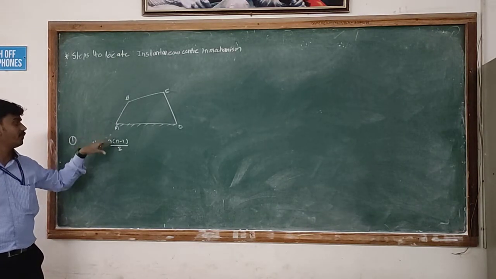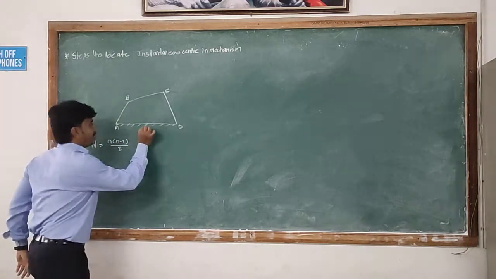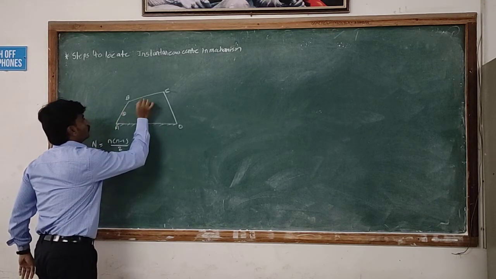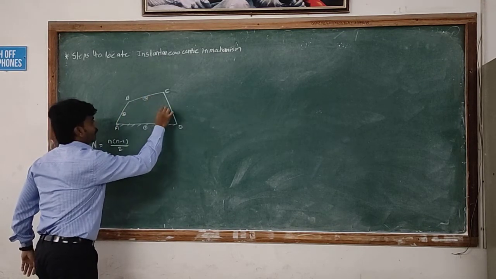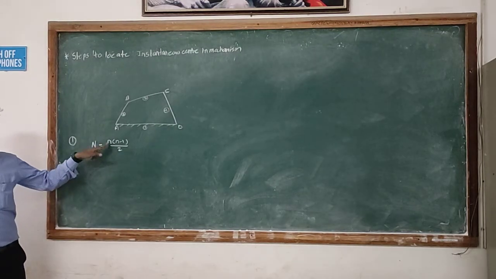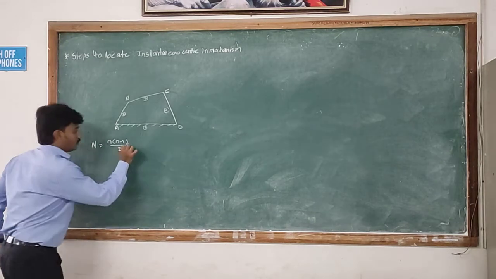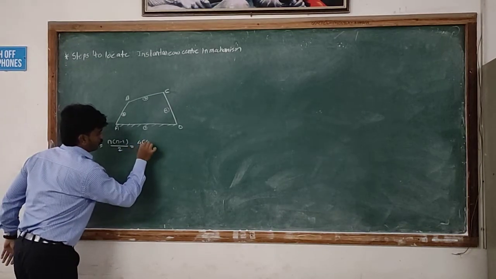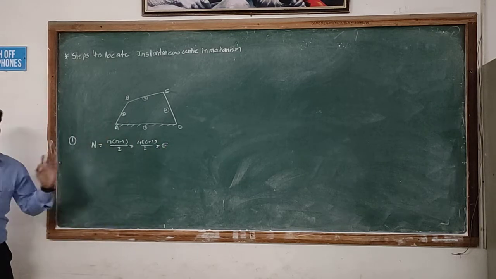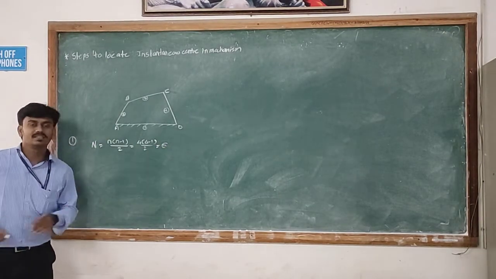Here the number of links is 4: link number 1, link number 2, link number 3, and link number 4. So n is equal to 4, and 4 into 4 minus 1 divided by 2 is equal to 6. The total number of instantaneous centers is 6.